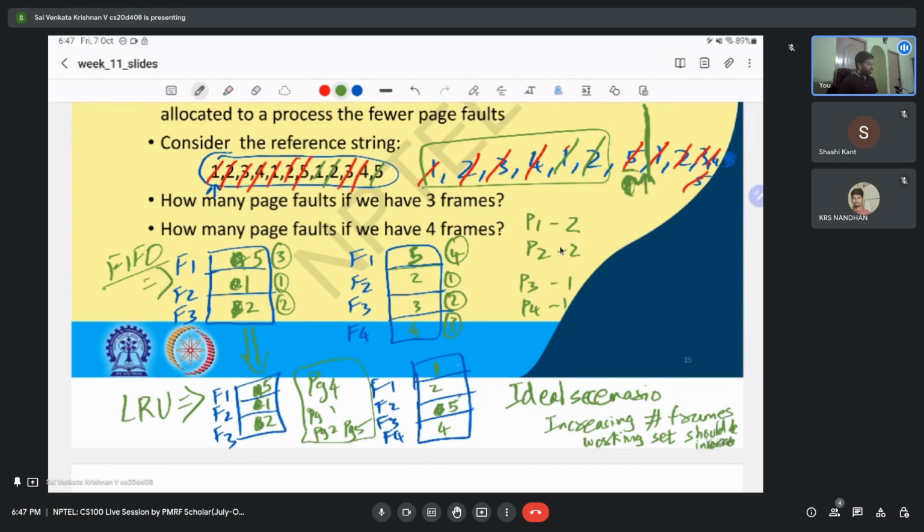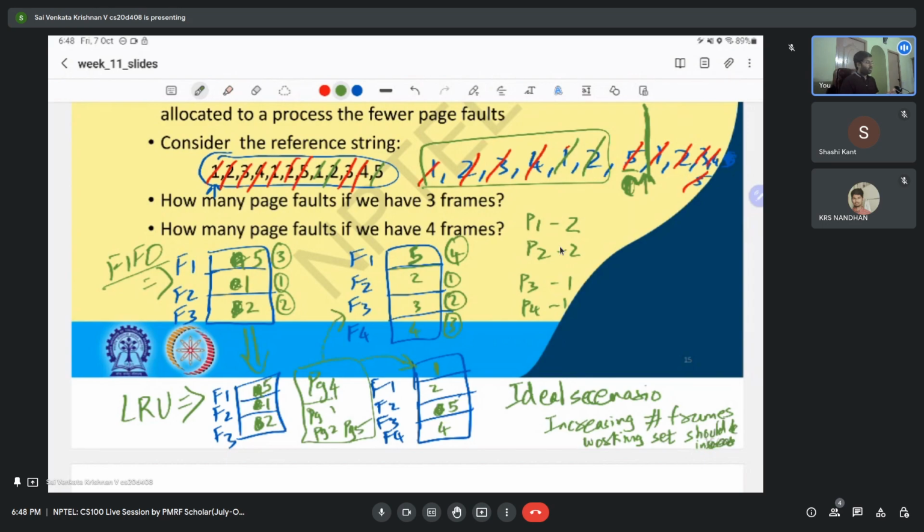But if you have 4 frames, you will be able to easily map all these 4 pages into the 4 frames. But the same you could not tell in FIFO model, because your working set, that is the most actively used pages, is not guaranteed to always be maintained in your frames, because the order in which they are evicted depends on the order in which they came in, and not based on how they are accessed.